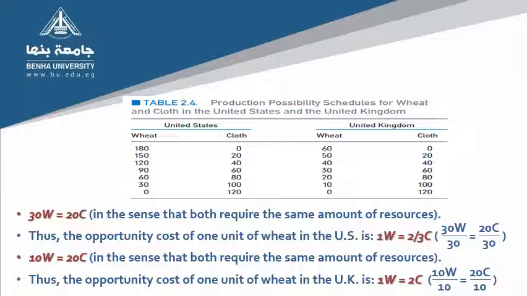That is, 10 bushels of wheat equal 20 yards of cloth, in the sense that both require the same amount of resources. Thus, the opportunity cost of 1 unit of wheat in the United Kingdom is 1 bushel of wheat equal 2 yards of cloth, which is constant.